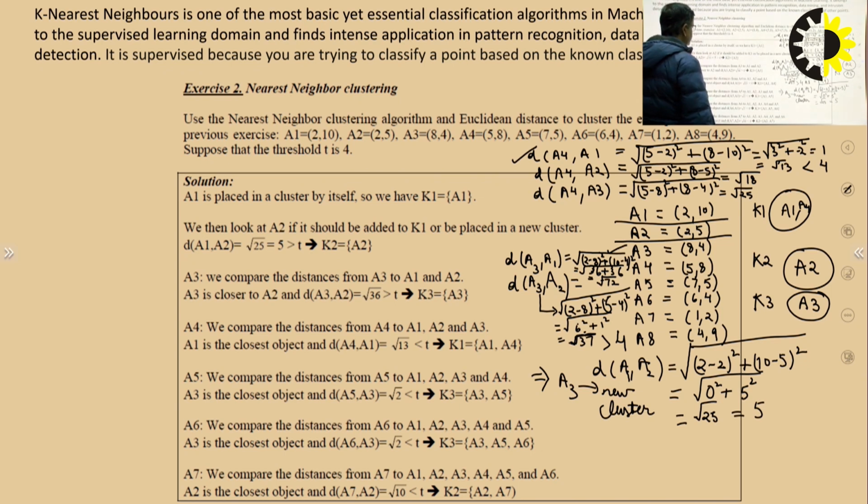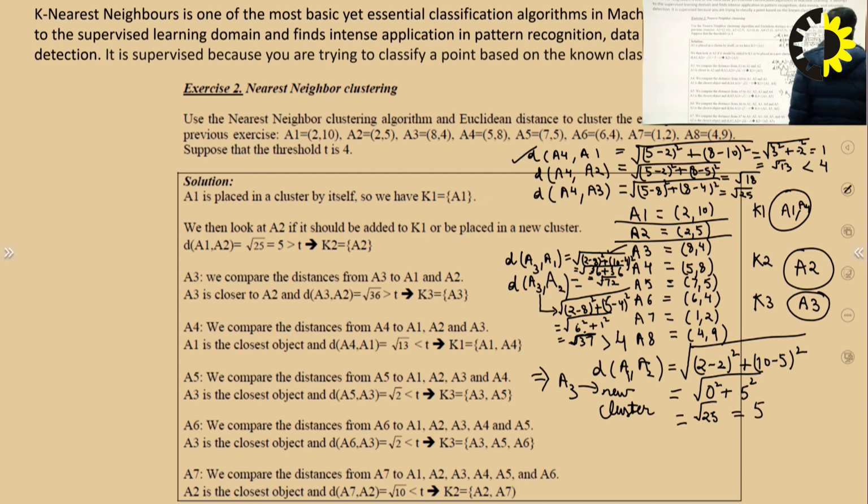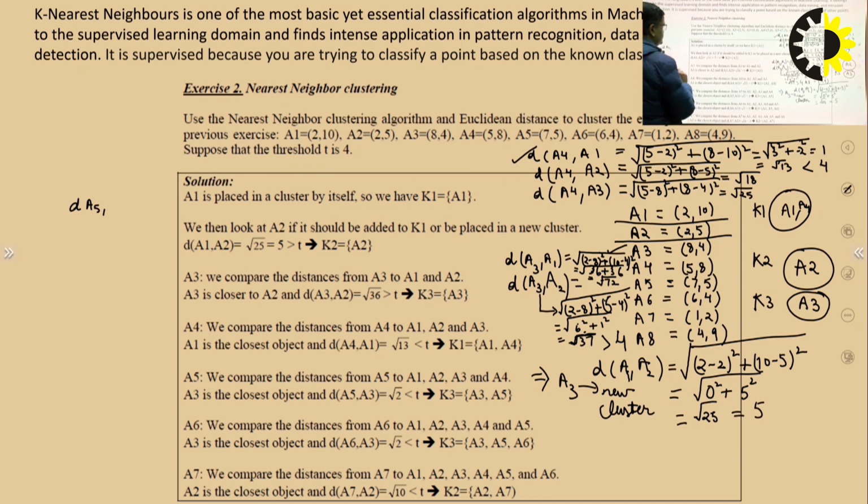Now when we go to point A5, we will see the distance of A5 with respect to A1, the distance of A5 with respect to A2, the distance of A5 with respect to A3, and the distance of A5 with respect to A4.